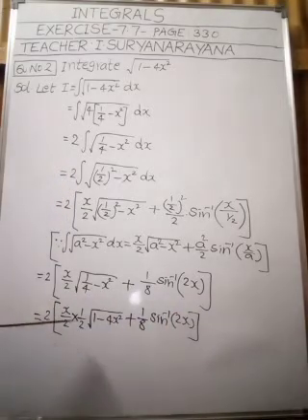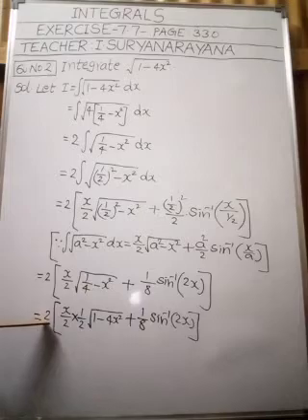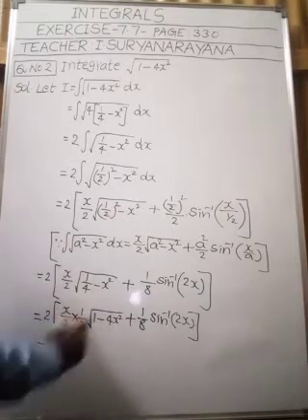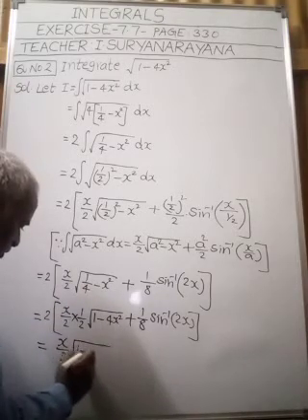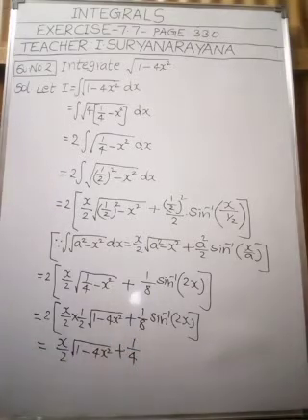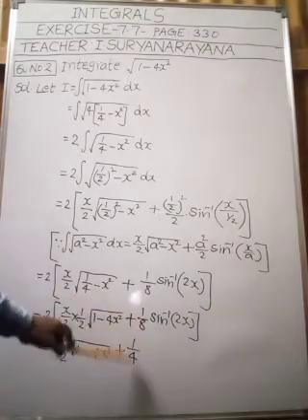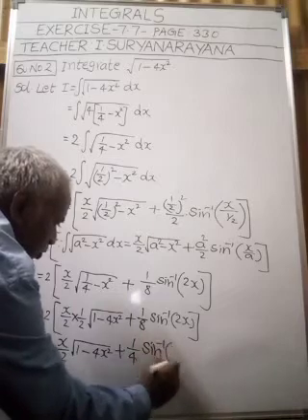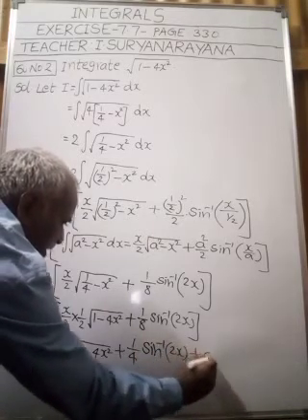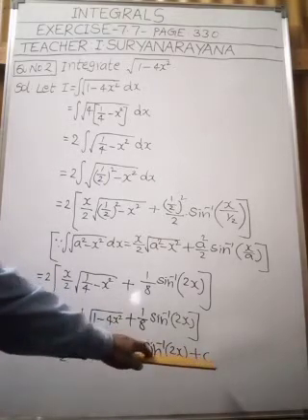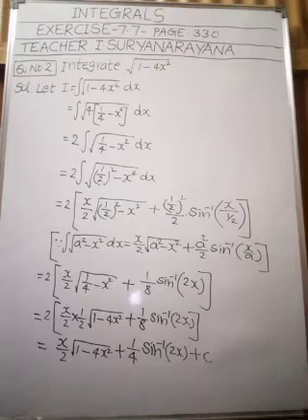Okay, my children, understood? Right. Now we multiply this entire function by 2. Then what will we get? x by 2 into root of 1 minus 4x square plus 1 by 4, because 2 once 2, 4 times. Directly I am writing that step, into sin inverse of 2x plus c. This is the last step, that is why I am adding the constant of integration. Understood this step, my children? Right.